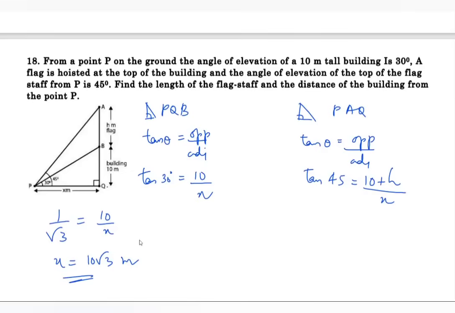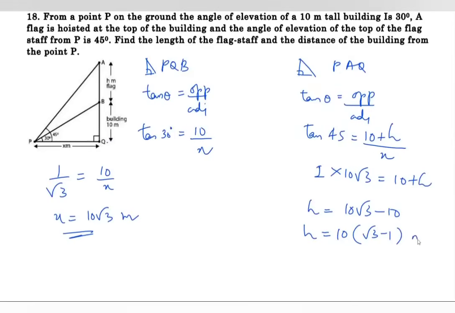Now what you need to do is substitute this x value. Tan 45 is 1, into cross multiply, into x value 10 root 3 equals 10 plus h. Now h equals 10 root 3 minus 10. H equals, take 10 common, root 3 minus 1.